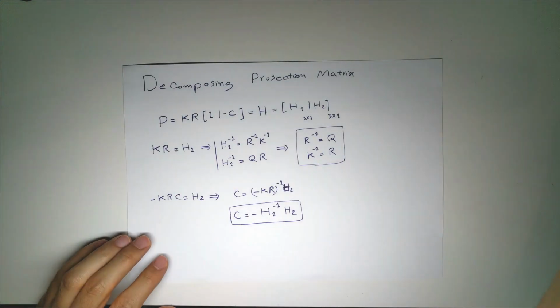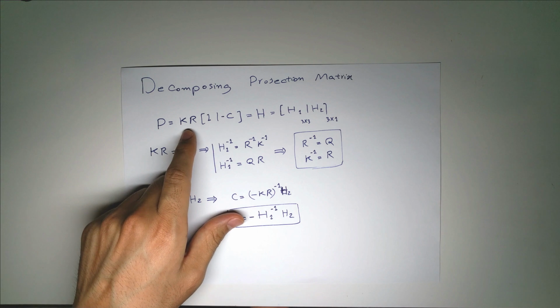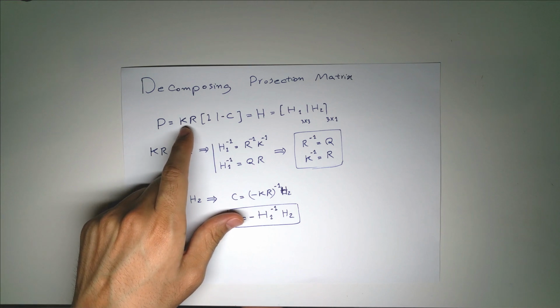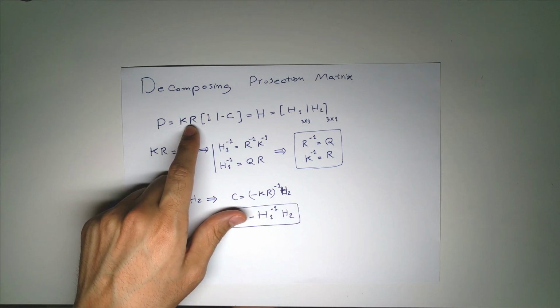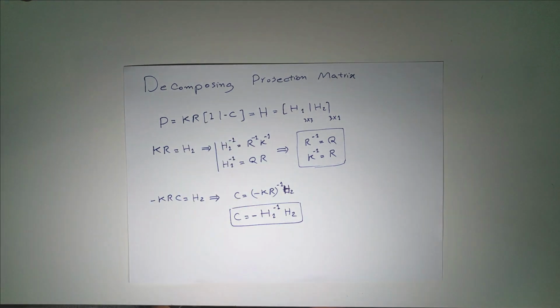Okay, so decomposing the projection matrix. I have the equation of the projection matrix: K, the intrinsic parameters, times rotation R, times identity 3 by 3 and minus C, the position of the camera as a 3 by 1, equal to H, which is again 3 by 4.